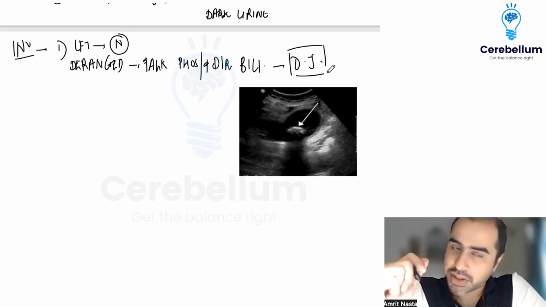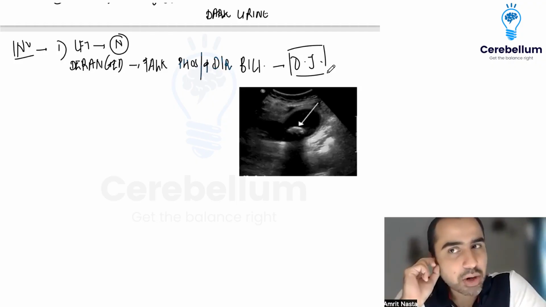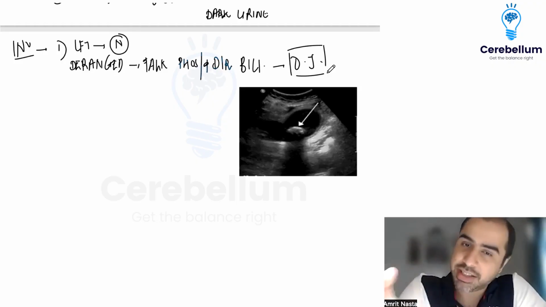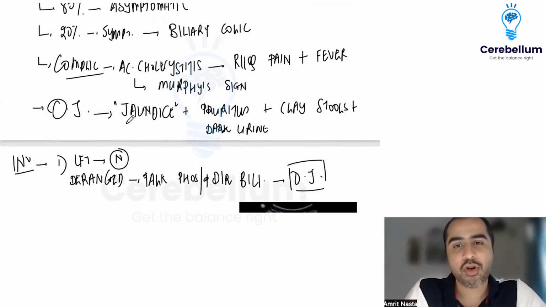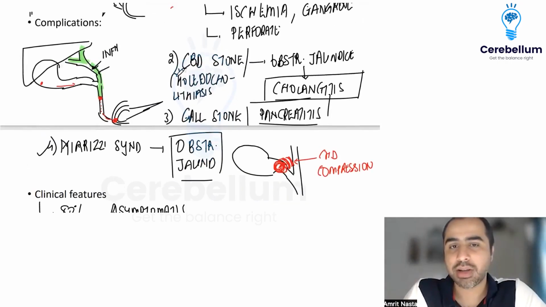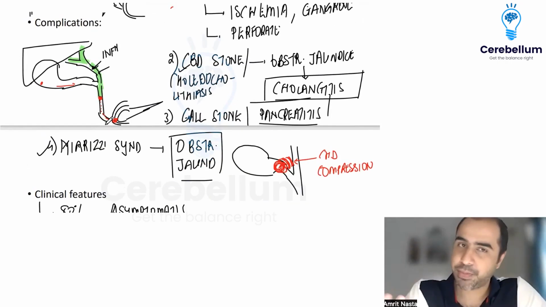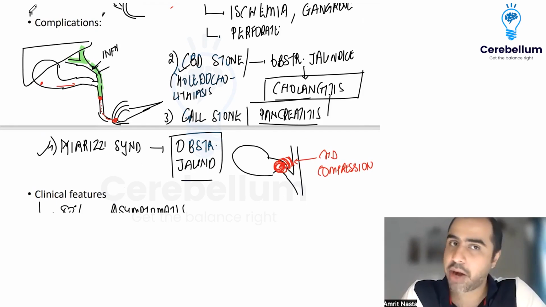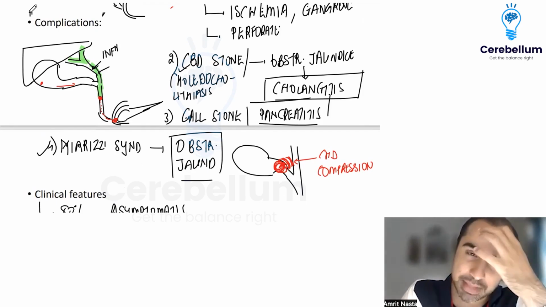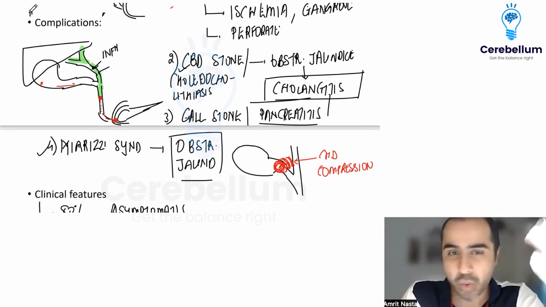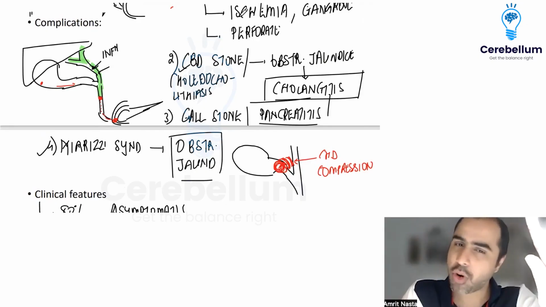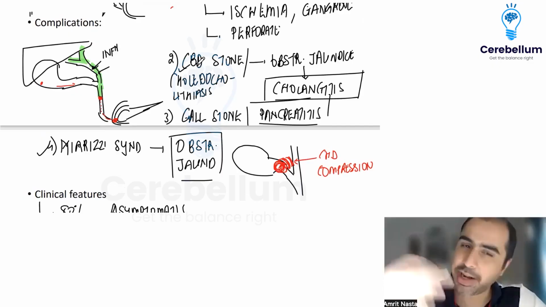So if they give you a scenario where it sounds like gallstones, but LFT is deranged, you will think of obstructive jaundice. You will think of CBD stone or Mirizzi syndrome. Be very clear about this. These are the kind of questions which students misunderstand. There is no need to rule out pancreatitis because that presents very differently.